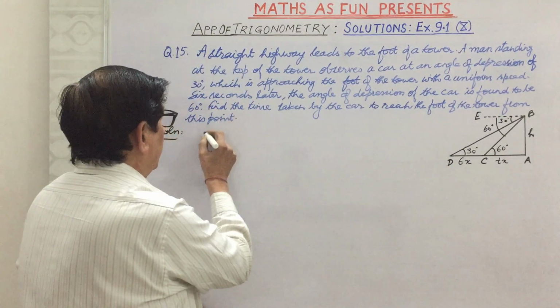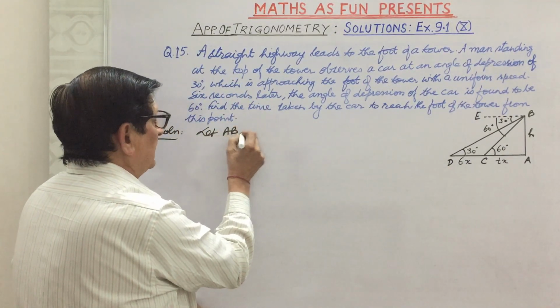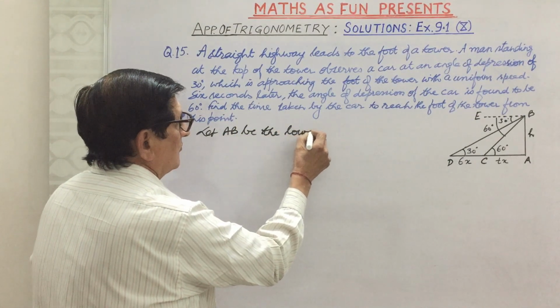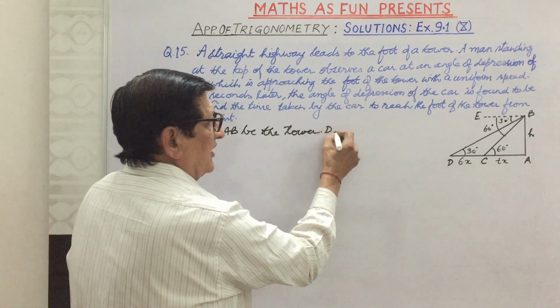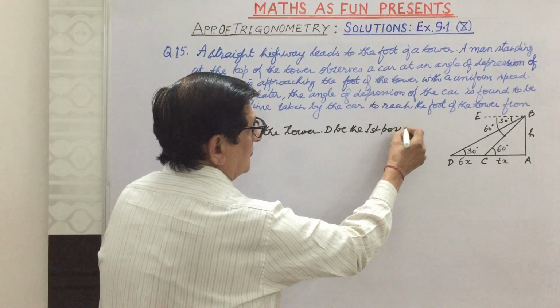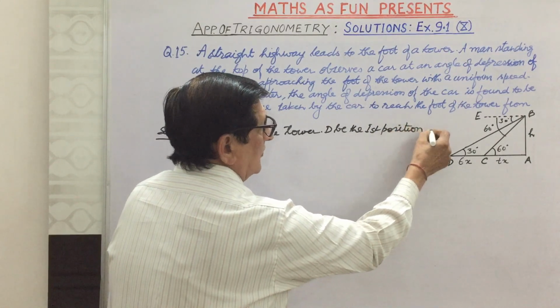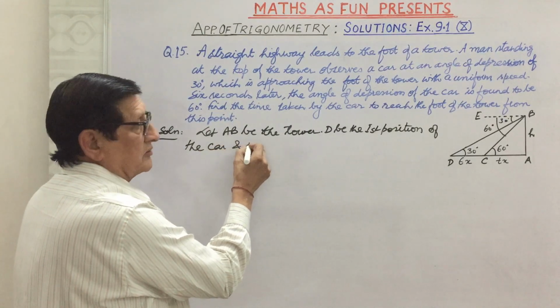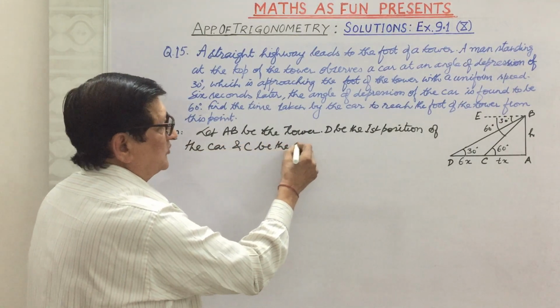So we write here, let AB be the tower, D be the first position of the car, and C be the second position.